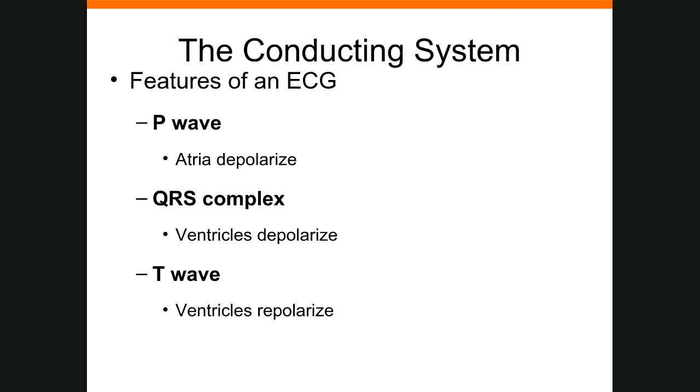These are the features of the ECG that we can read on the diagram. We show the P wave, which corresponds to the atrial depolarization. We have the QRS complex, which is the ventricular depolarization. I love to see it in a picture.